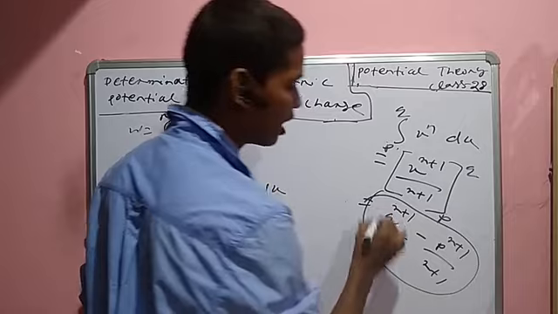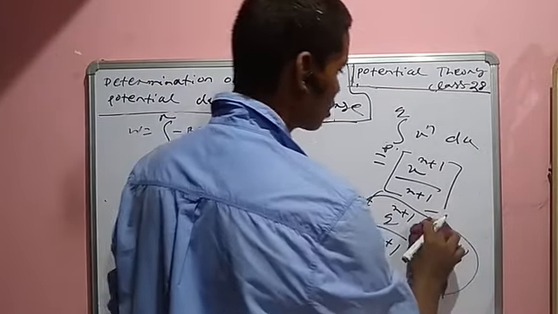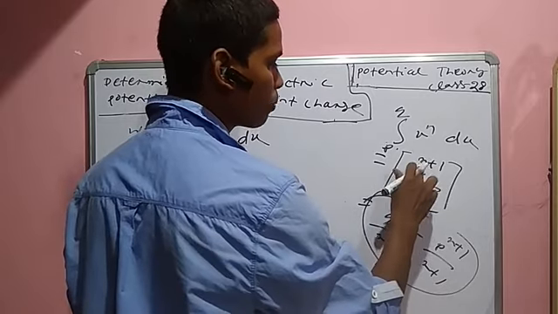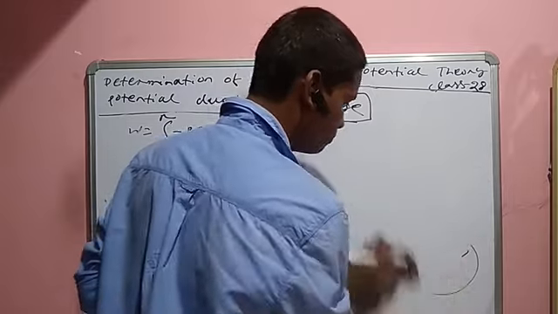Basically, you have to remember the formula: x to the power n dx means x to the power n plus 1 by n plus 1.